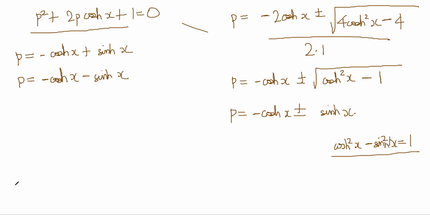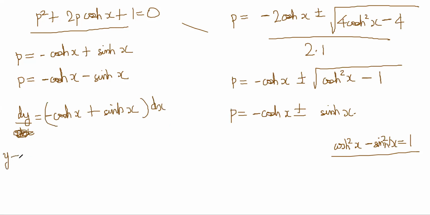But p was dy by dx. So dy by dx is equal to minus cos of x plus sinh of x. Take the dx this side and integrate it. So y is equal to the integral of cos of x, which would be sine only. The derivatives are without any change of sign, so the integrals also have to be the same.